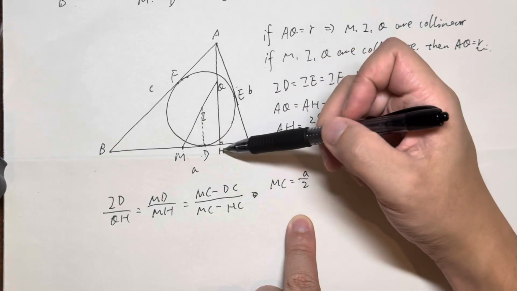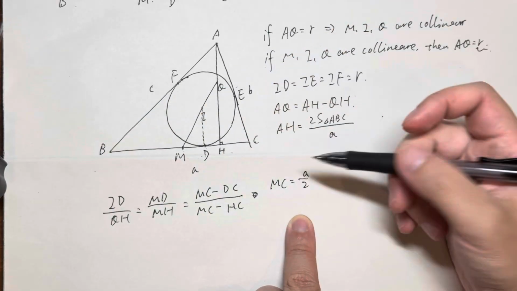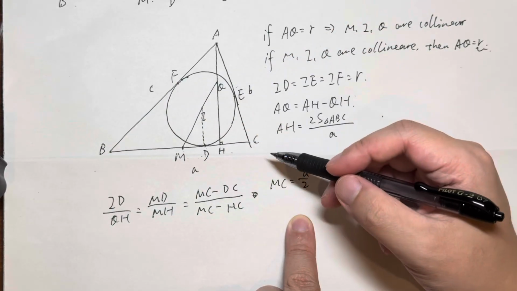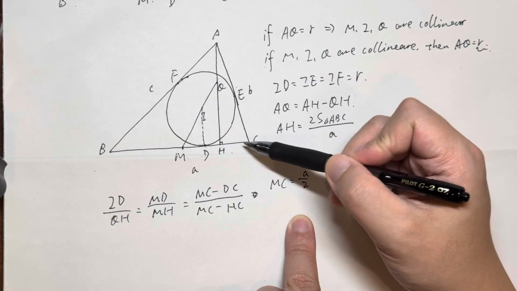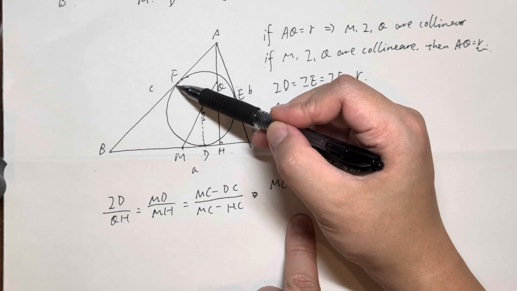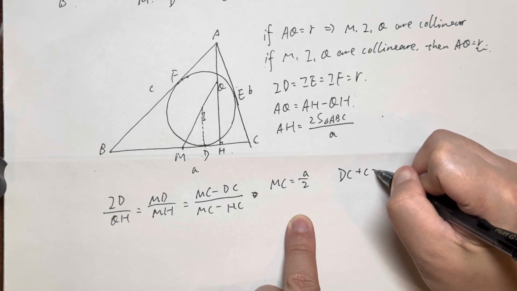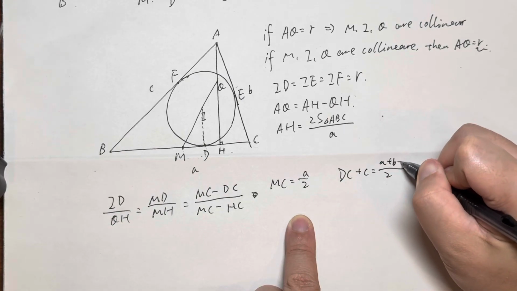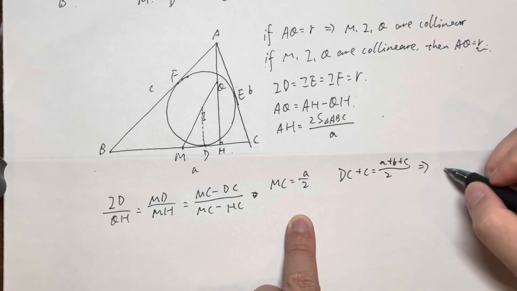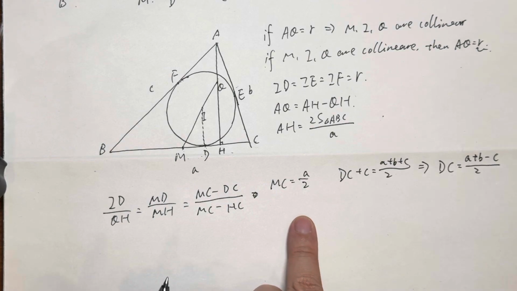Twice CD plus twice AE plus twice BF is A plus B plus C, which means DC plus AF plus BF equals half of A plus B plus C. That means DC plus C equals half of A plus B plus C. So we got DC equals half of A plus B minus C. That's the length of DC.